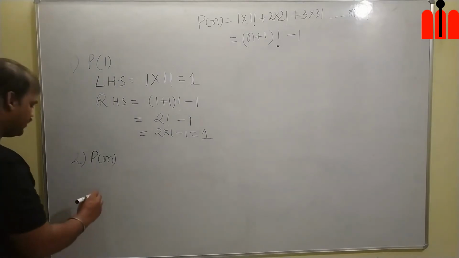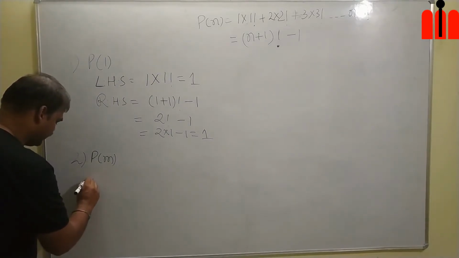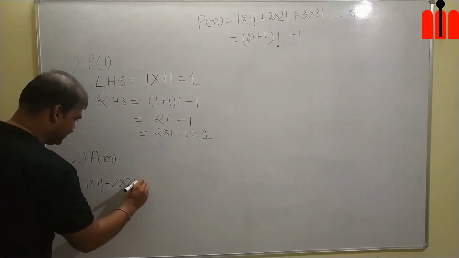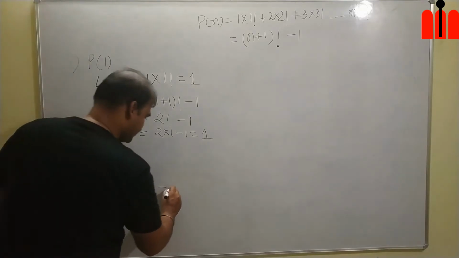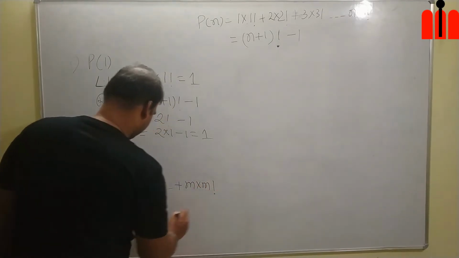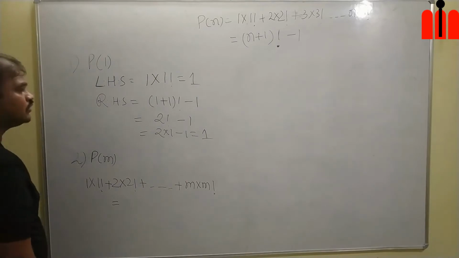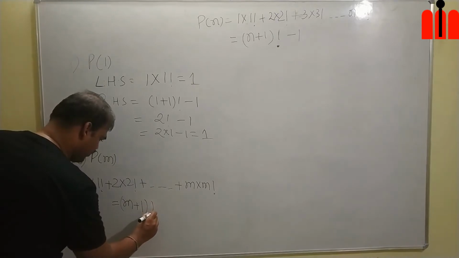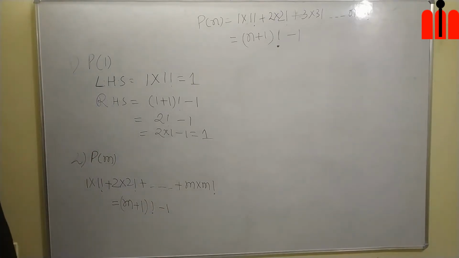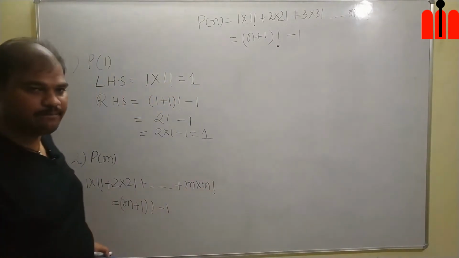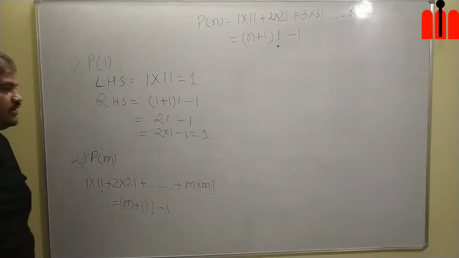That concrete statement will be 1 into 1 factorial plus 2 into 2 factorial plus up to m into m factorial, equal to m plus 1 factorial minus 1. So in place of n I substituted m, and this is my concrete statement.